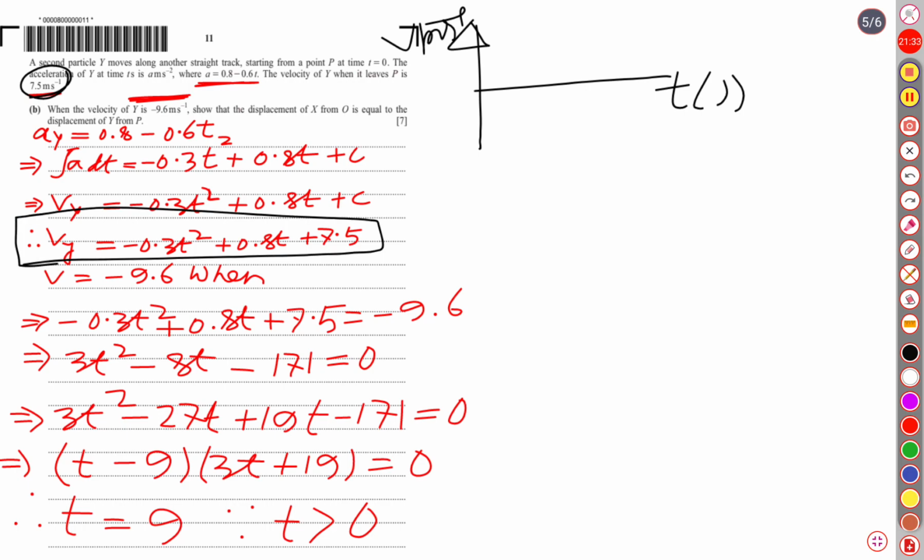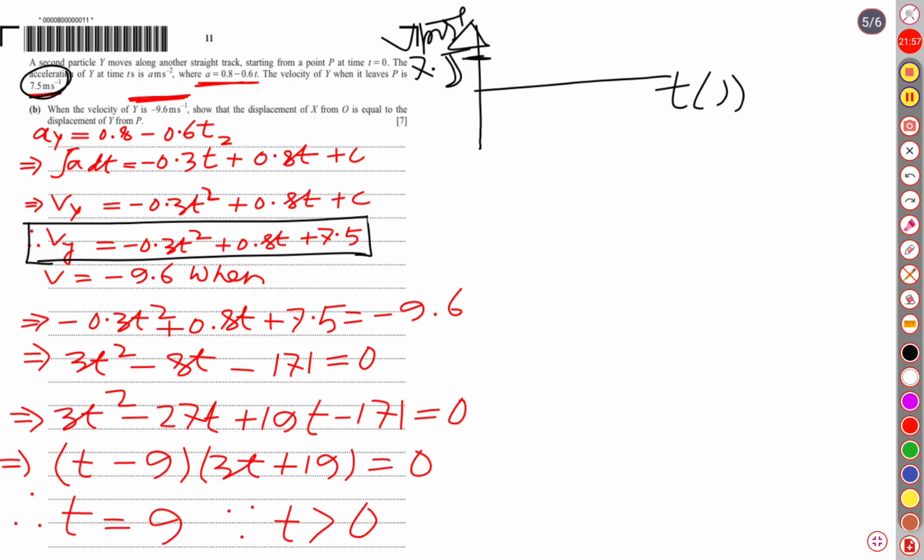For this expression, it's a quadratic function, but it starts with a negative coefficient, so it is a negative quadratic graph. That means it is n shaped. So initially the velocity was 7.5, let it be 7.5 over here.